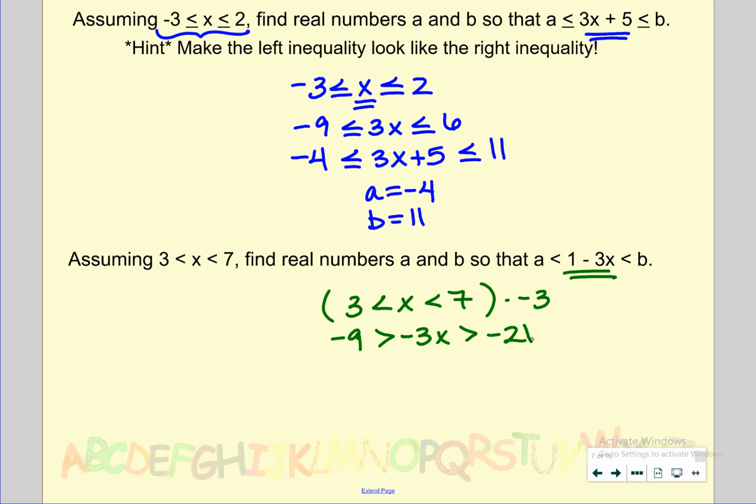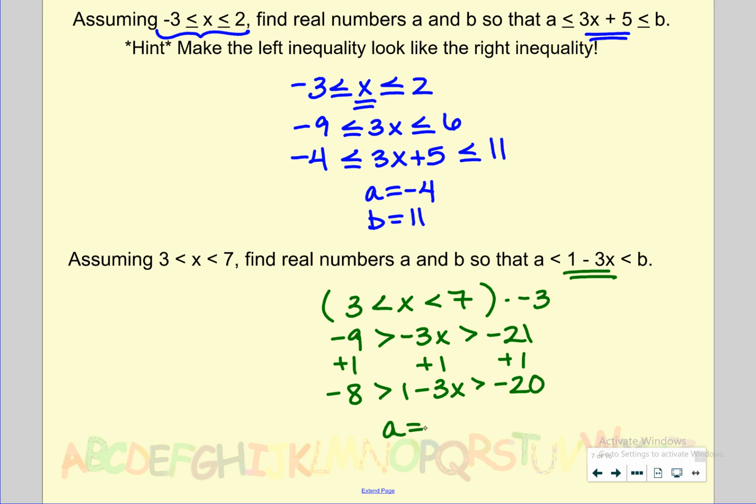What's going to be my next step? How do I get that 1 there? Just add 1. That's it. So -8 greater than, you can write 1 minus 3x, positive 1 minus 3x, greater than -20.